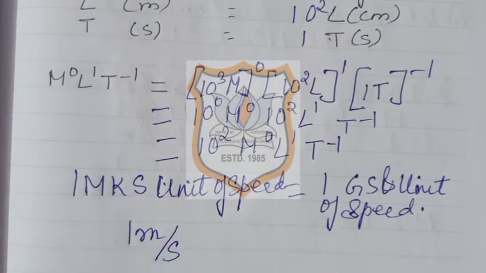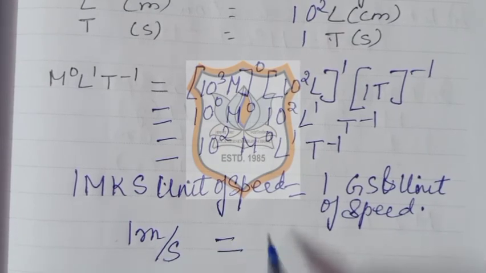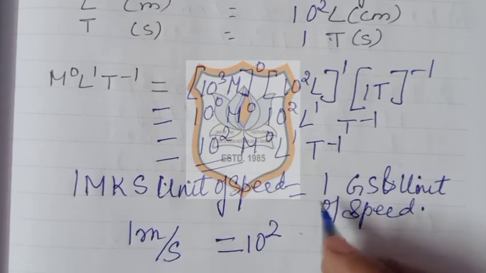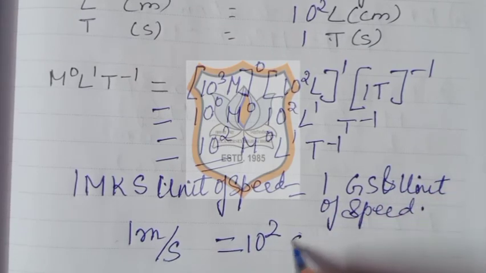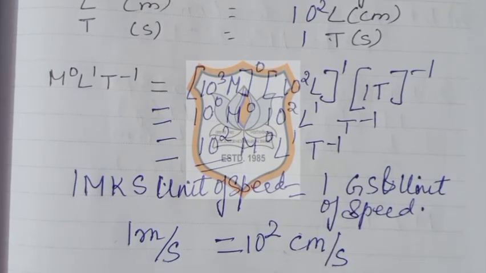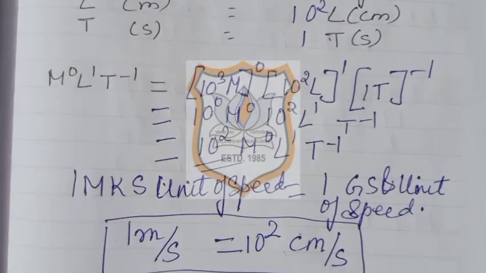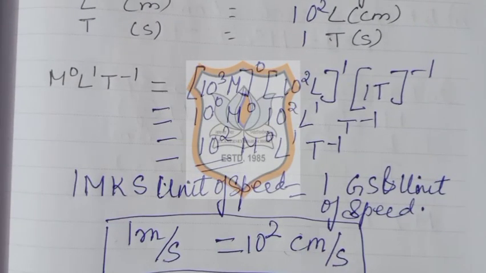This is the MKS unit. So 1 meter per second is equal to, how much have we got over here? 10 raised to 2. In CGS, we will write 10 raised to 2 meter, converted into centimeter, because in CGS distance is measured in centimeter, divided by time, that is second. So 1 meter per second is equal to 10 raised to 2 centimeter per second.